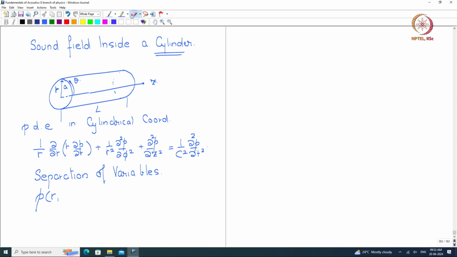So, this angle is phi instead of theta, let us call it phi. We substitute R of R, phi of phi, Z of Z, and T of T.